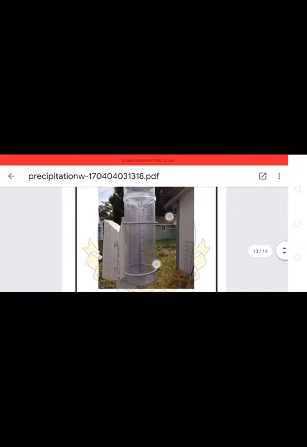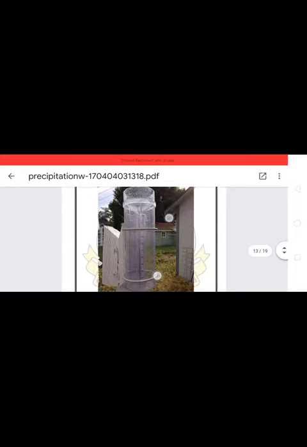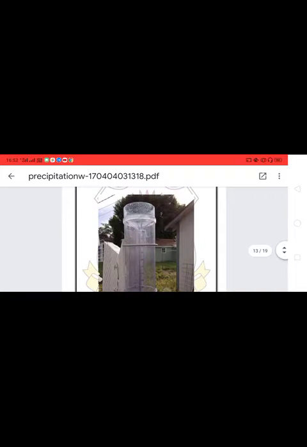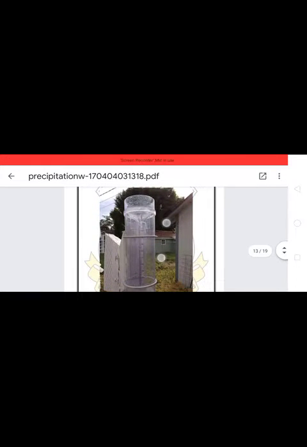As you can see from this pictorial representation, you can have only 24 hours precipitation data, which you have as a value of depth in millimeter, centimeter, foot, inches, whatever it is.